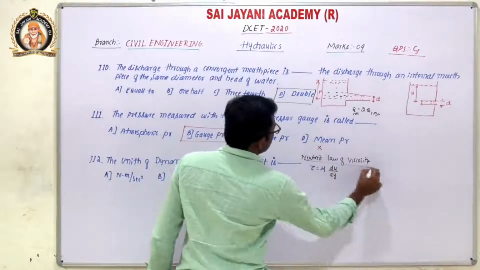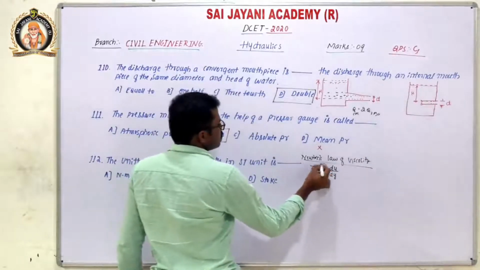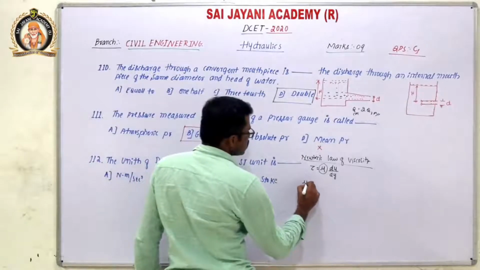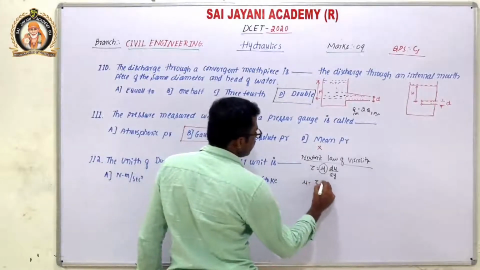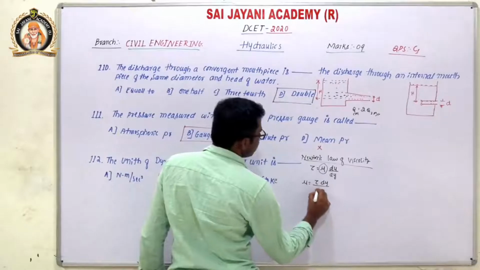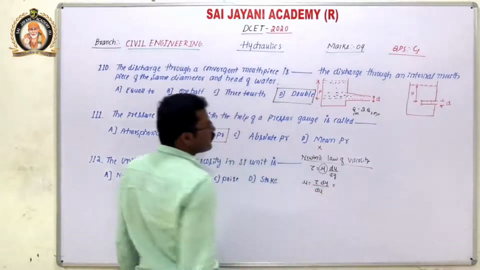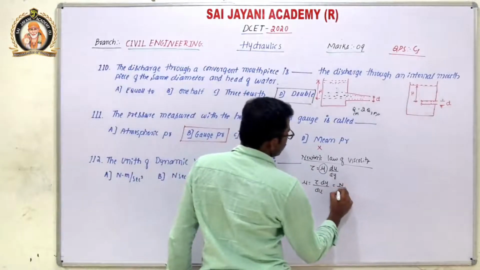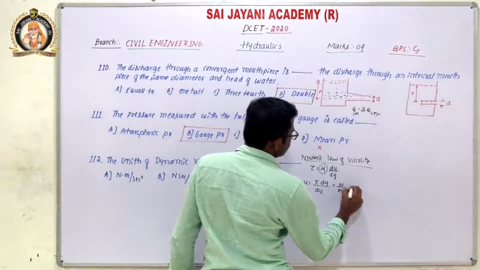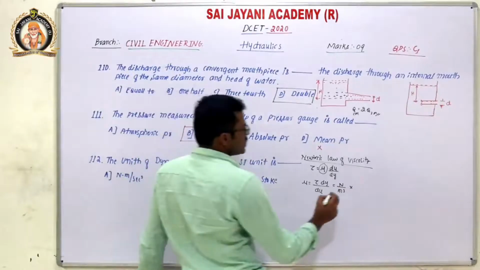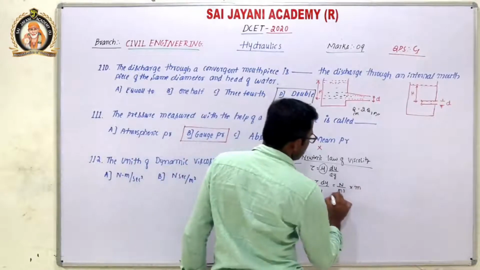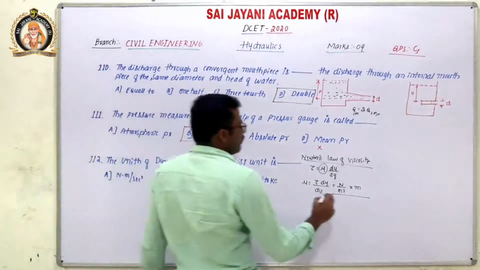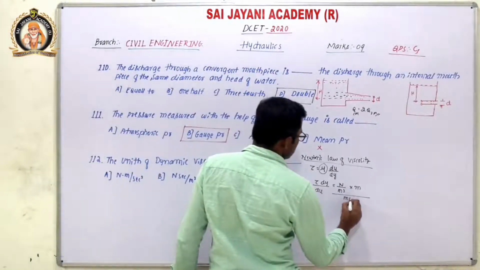So I have to determine the unit of dynamic viscosity. So dynamic viscosity becomes tau into dy divided by du. What is the unit of shear stress? Shear stress is given by Newton per meter square, into dy, the change in thickness, which is in terms of meter. And what is the unit of velocity? That is meter per second.